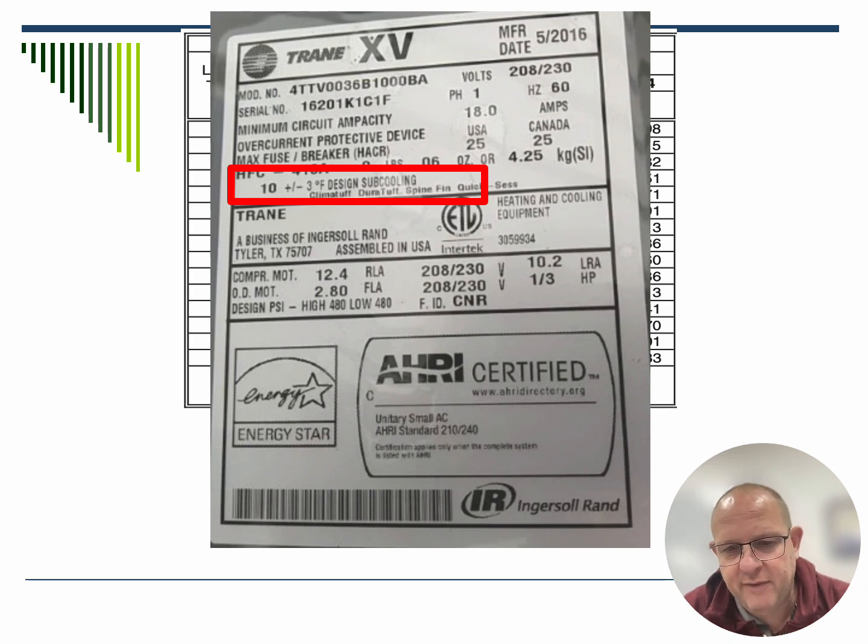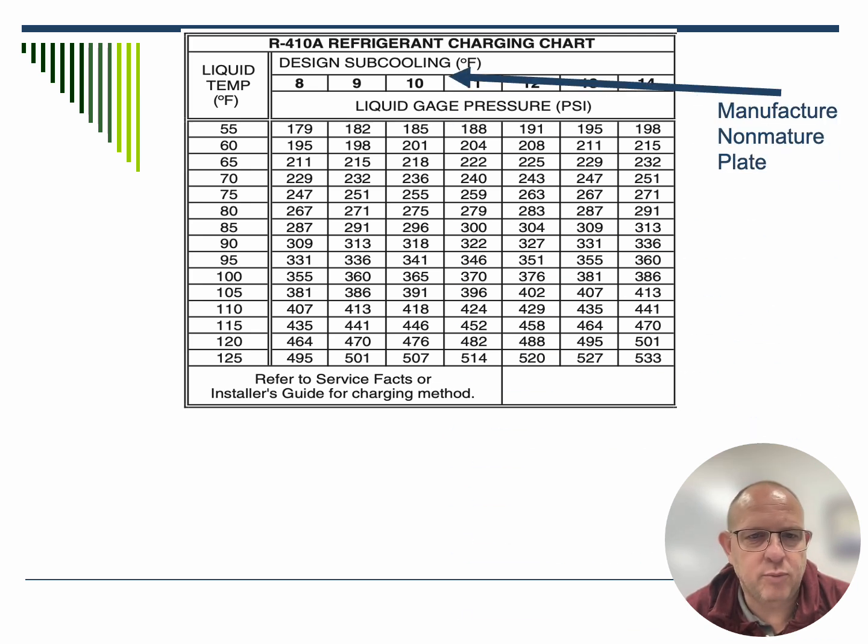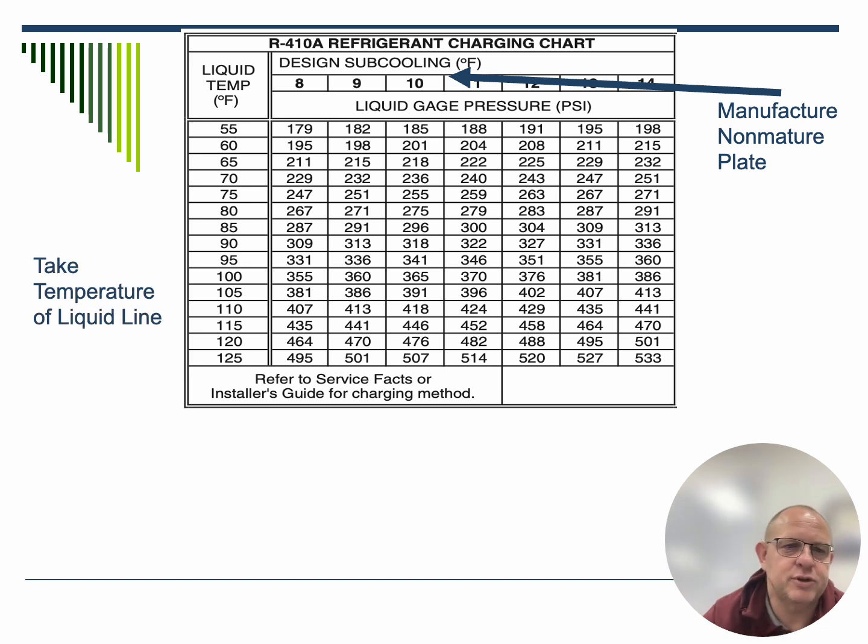Or if you're having an issue with it, you can actually go to this subcooling chart and find out. So the graph that we're going to be looking at for that is found right there at the 10 degrees. So we're going to use that 10 degree design subcooling for this particular unit itself. So take the temperature of the liquid line at this point.